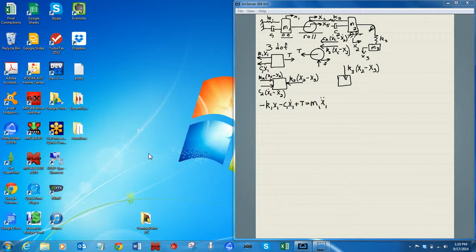Okay, so the next equation is for the summation of forces on the cylinder. If I sum forces on the cylinder in the horizontal direction, I have minus tension plus the friction minus the spring force, minus K2 (xc minus x2).